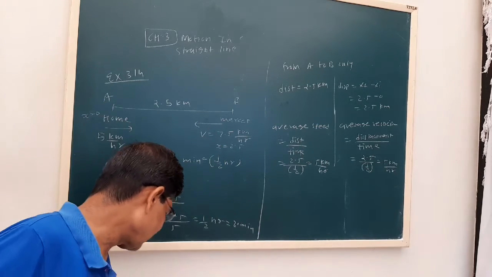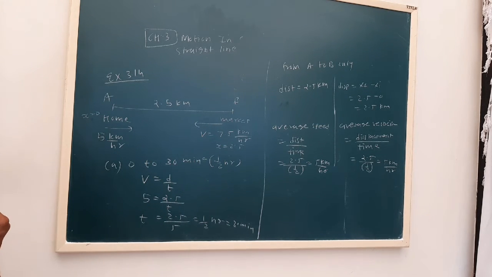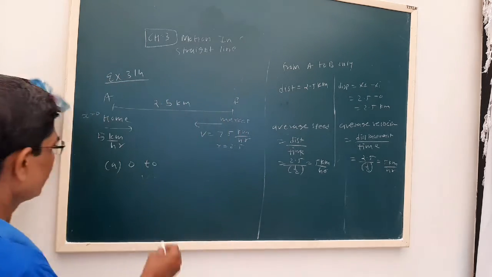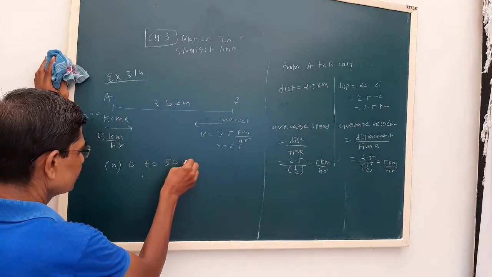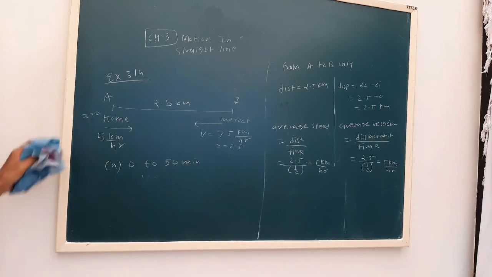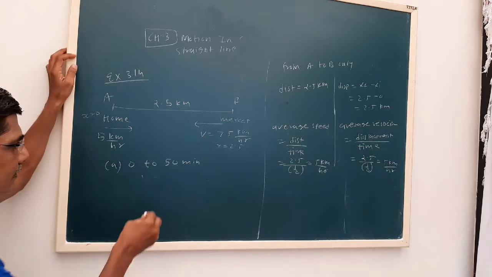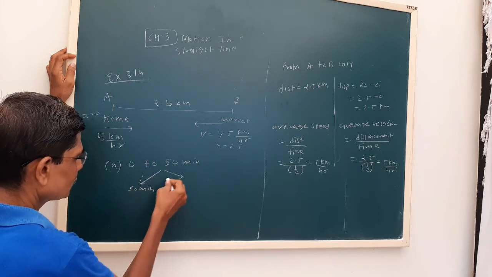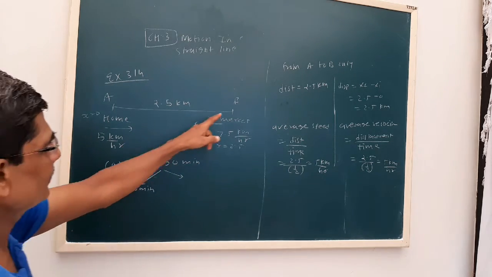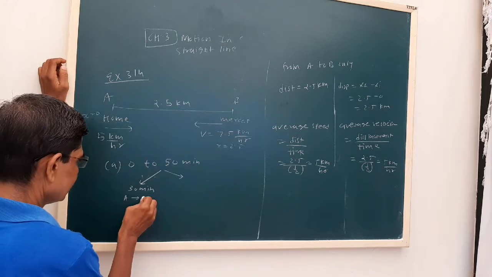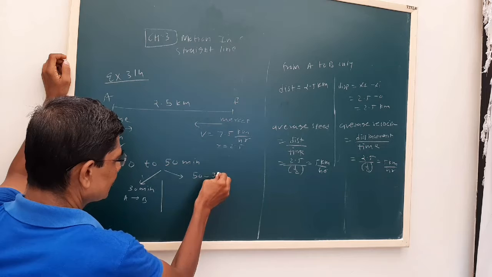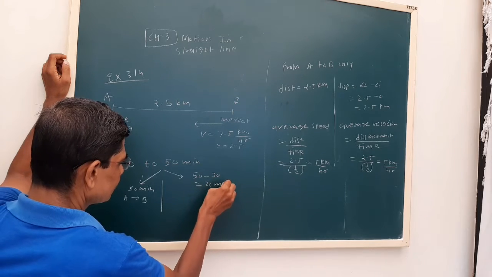Now the second part of the question says 0 to 50 minutes. Just now we have seen that in 30 minutes it has to move from A to B. Now what is the remaining time? 50 minus 30 is 20.